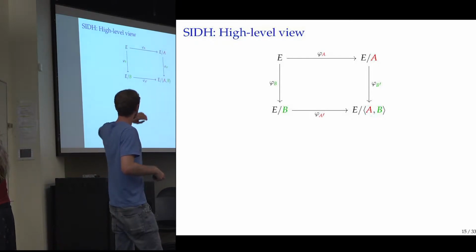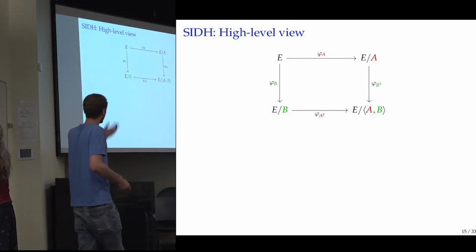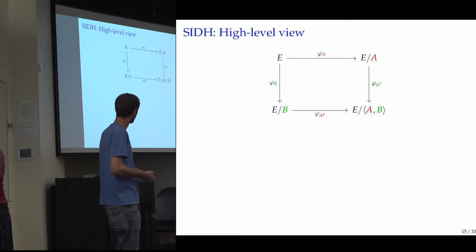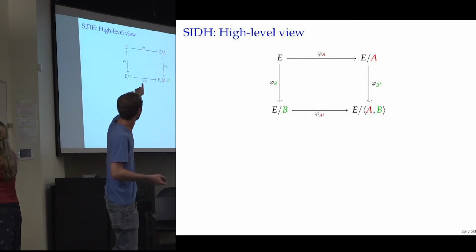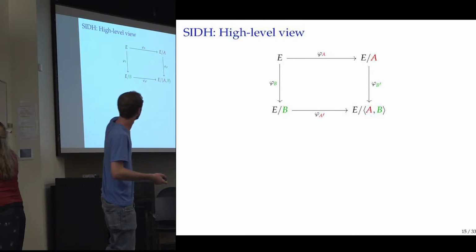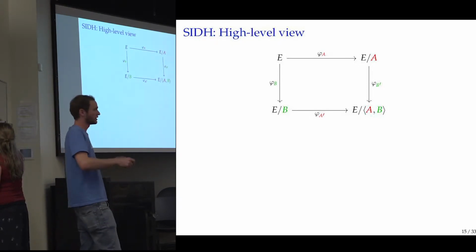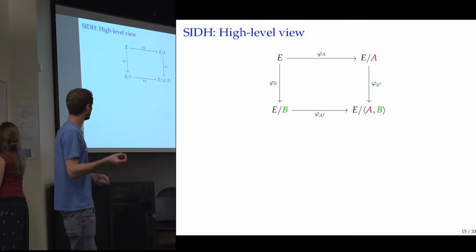High-level protocol view: everybody agrees beforehand on a starting curve E, and then when you run the protocol, both Alice and Bob each choose a secret subgroup A and B. So these are the little indices with the phi's and the stuff we mod out. And then we communicate the target curves of these secretly chosen isogenies.